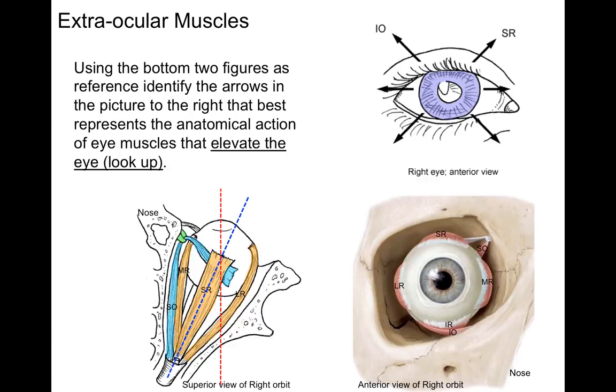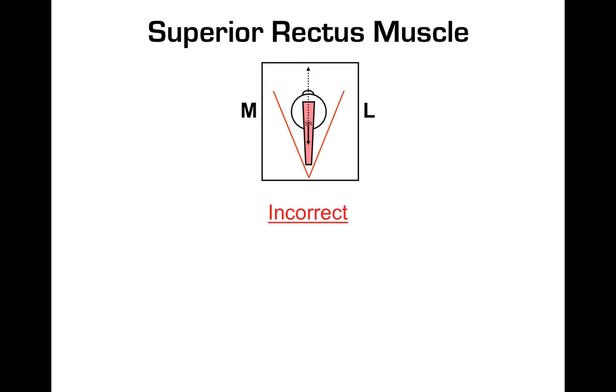When the superior rectus muscle contracts, it's going to cause the eye to look up and in, and the inferior oblique to cause the eye to look up and out. Remember, this is not the correct view of how we look at the top of our orbit. The contraction of the superior rectus is not parallel with the eyeball.